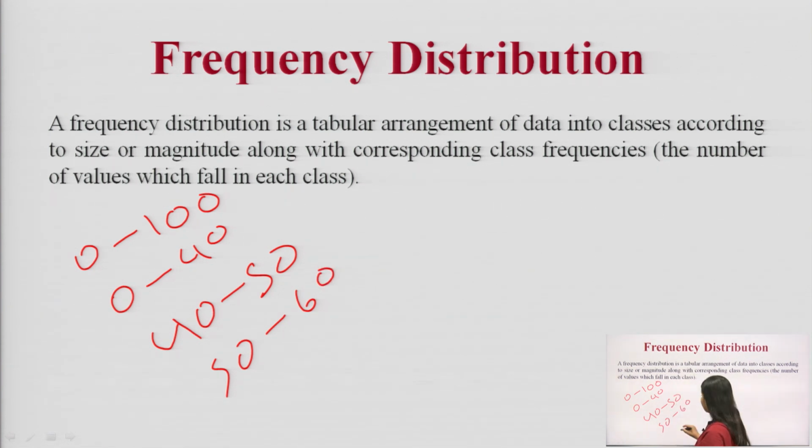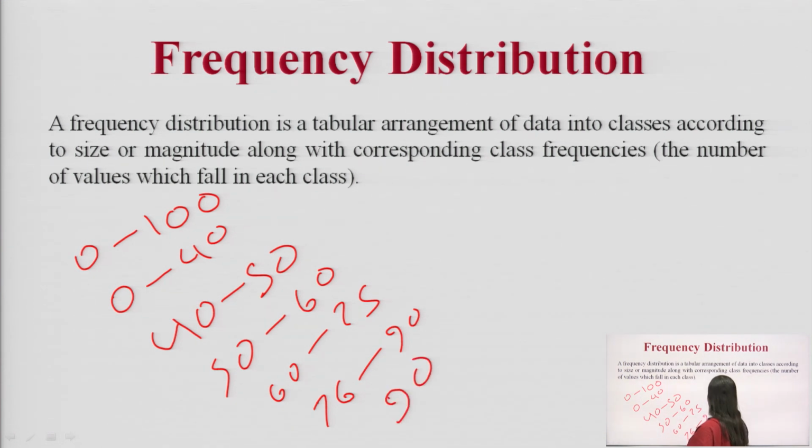Then B plus is given to the student who has 60 to 75 marks, and above 75 marks the student gets A grade. Suppose 76 to 90 students get A, and who get more than 90 may get A plus. So, this is your class interval.